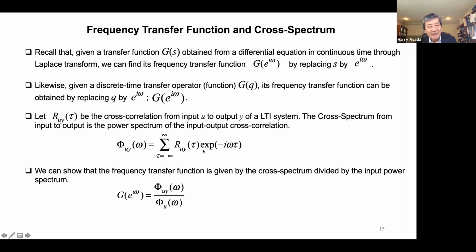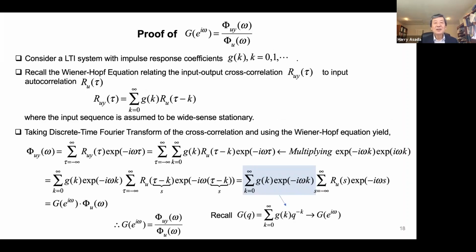Now, interestingly, the frequency transfer function G(e^(i omega)) can be obtained by taking the quotient between this cross spectrum over the power spectrum of the input. So let's prove why this is the case.